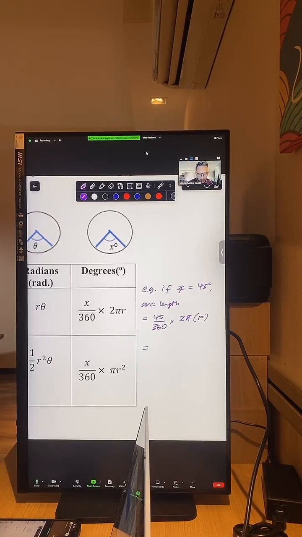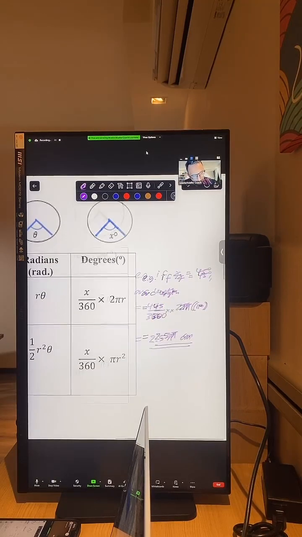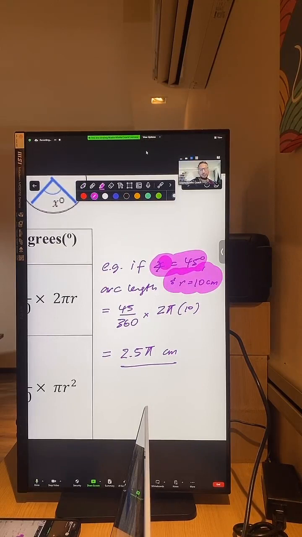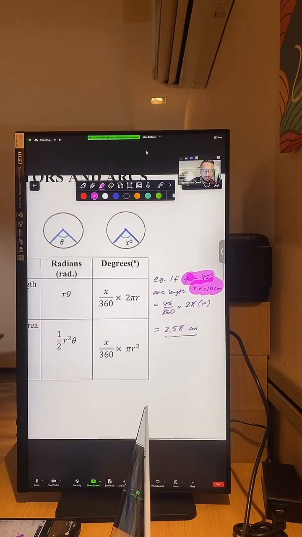Then this will give me 45 divided by 360 times 20 pi. So that will be 2.5 pi. That is if the angle equals 45 degrees and r equals 10 cm. So take note. If you have a different radius, of course your answer will be different. If you have a different angle also, your answer will be different.